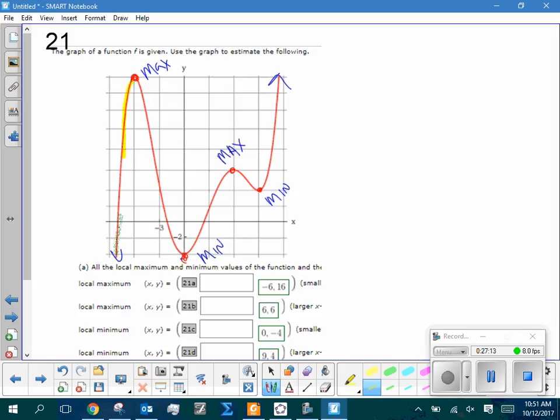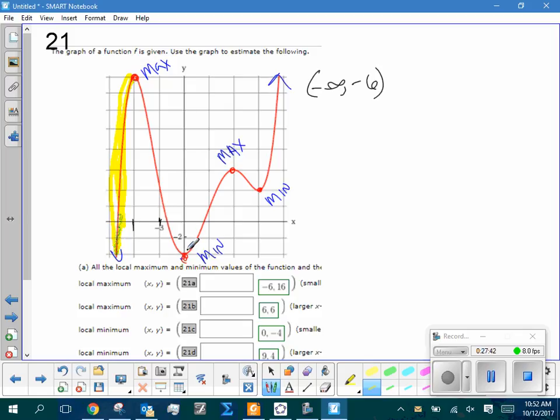If we look at those y values in that yellow region, they are increasing. So when we're asked if they're increasing, we write the x values for which they're increasing. So my x values for increasing: from negative infinity up to, now they're saying we're jumping by 3, negative 3, negative 6 would be the first domain interval for increasing.